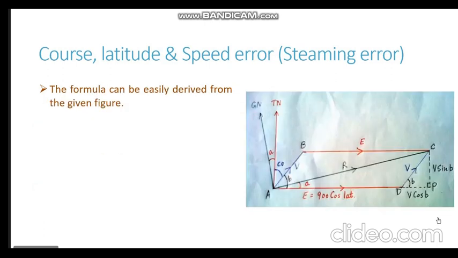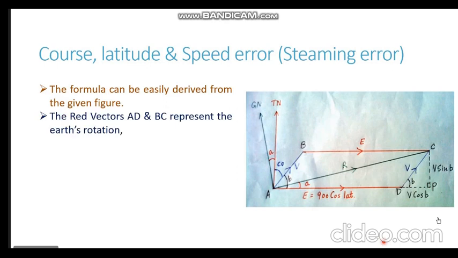Try to understand how this formula has been derived, and it will also give us a better insight into the course latitude speed error, or the steaming error. We can easily understand it using a diagram. You see the diagram on the screen now.